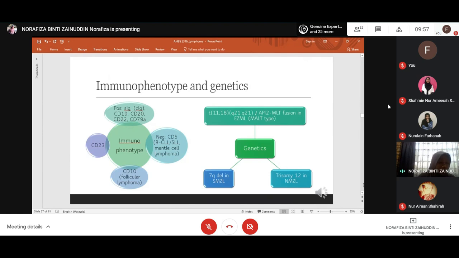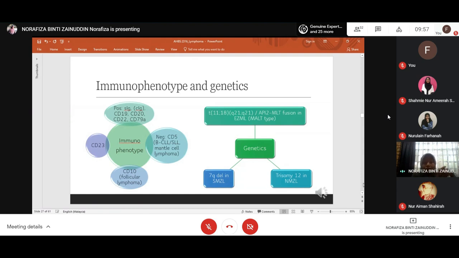This is on immunophenotype and genetics. Okay. So there is presence of surface immunoglobulin, CD19, 20, 22, and also 79A. CD5 and CD10 are there, and also the presence of CD23.